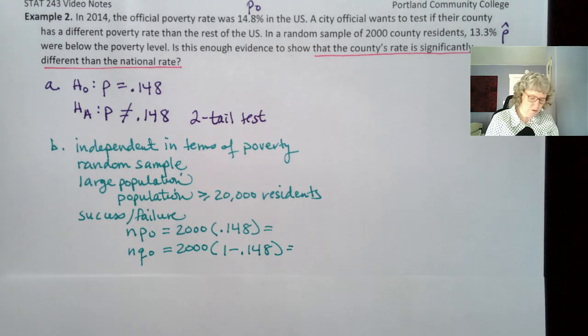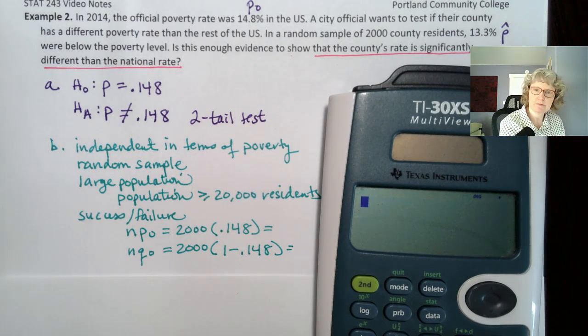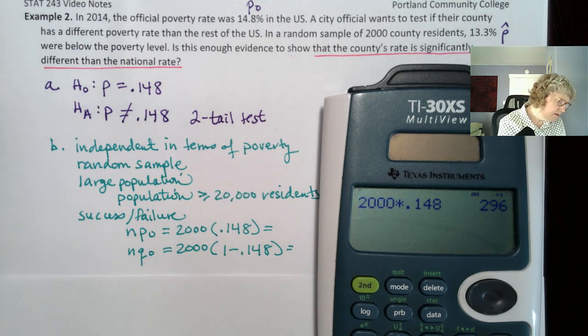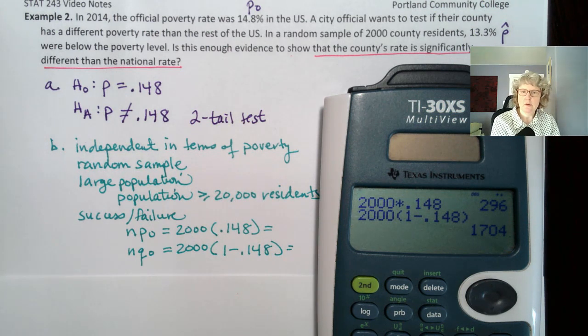So let's see what both of those are. 2,000 times 0.148 is 296. So yeah, plenty large of a sample size. And 2,000 times (1 minus 0.148) is 1704.